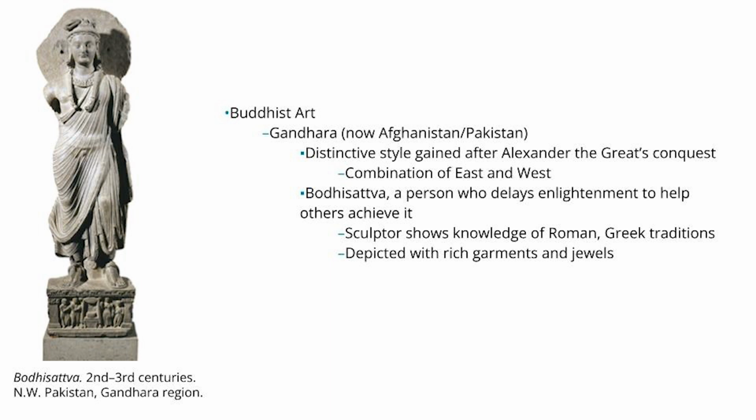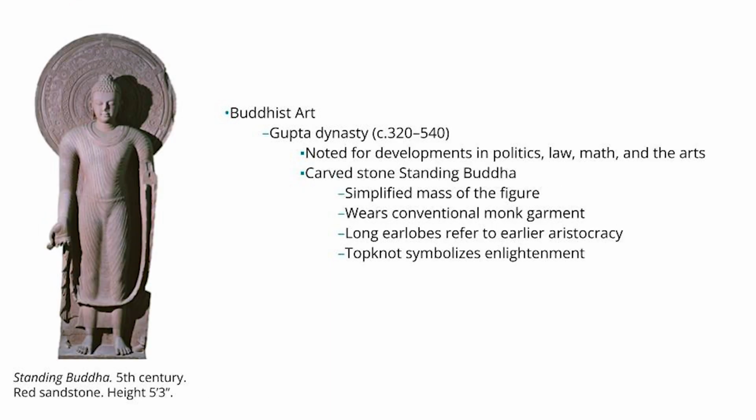Now let's talk a bit about the Gupta dynasty, which was from about the year 320 to the year 540. It was noted for developments in politics, law, math, and the arts. Here we're looking at a sculpture from the Gupta dynasty. This was a carved stone standing Buddha, and it has a very simplified mass of the figure. The arms and the shoulders are a good example, especially.